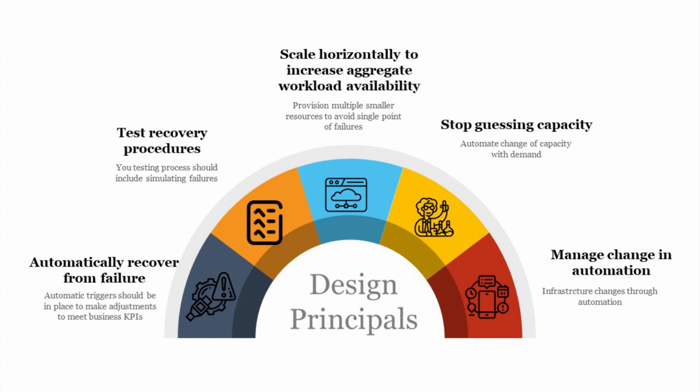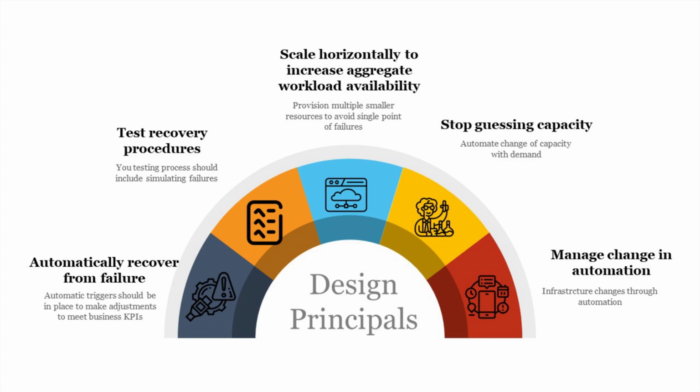4. Stop guessing capacity. In the on-premises world, as the demand increases, the workload may not be able to sustain it, leading to failure as there is very little scope for agile provisioning. With cloud-based workloads, you can easily monitor various metrics and set up scaling policies to add or remove capacity on demand without having to worry about the turbulent times of traffic spikes. 5.